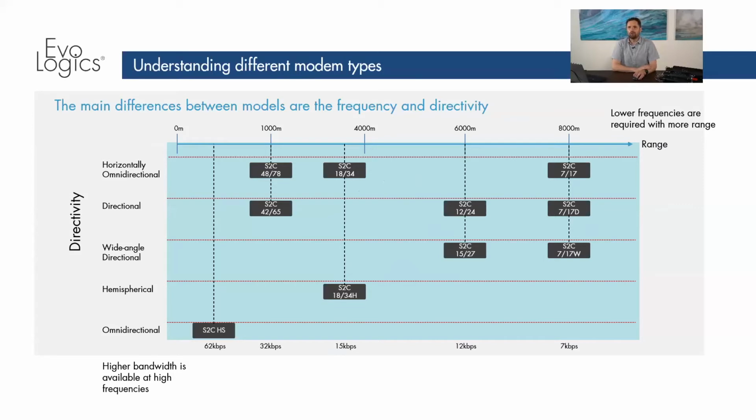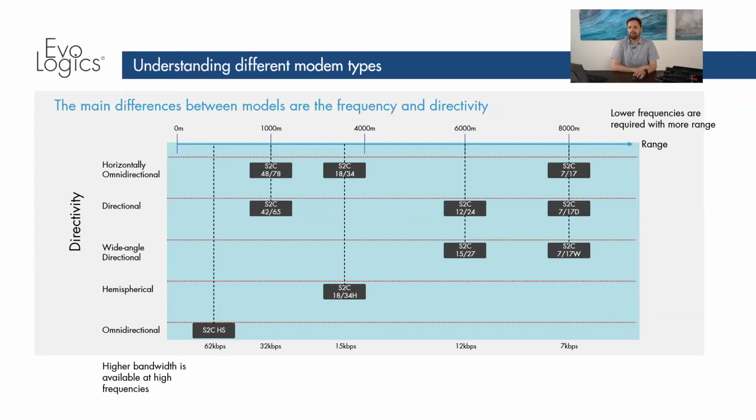And also the devices have different directivity characteristics. Here we see, for example, low frequency devices: our 7 to 17 kilohertz device can have a range of up to 8,000 meters. And then we have other devices that are high frequency that can only achieve up to 1,000 meters. And our high speed modem can only do 300 meters.